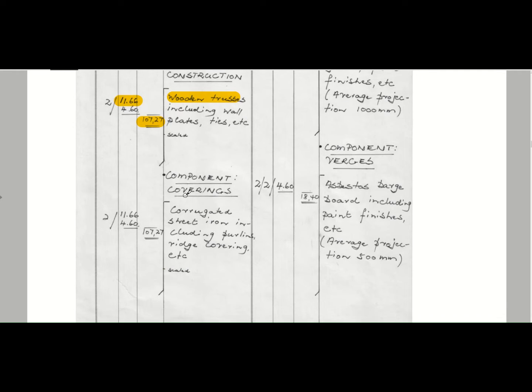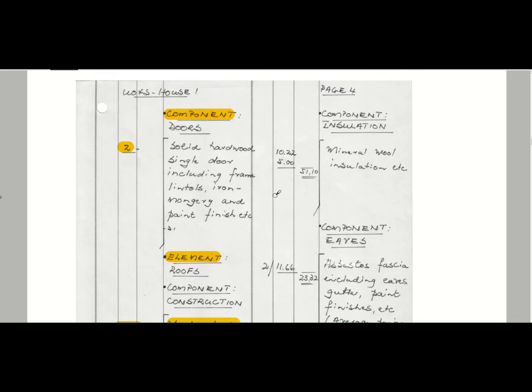Then we've got our component coverings, corrugated coverings. You can see it's the same as what you've got here. Then we've got our component insulation material wool. Here you can see they just used the flat area for that.